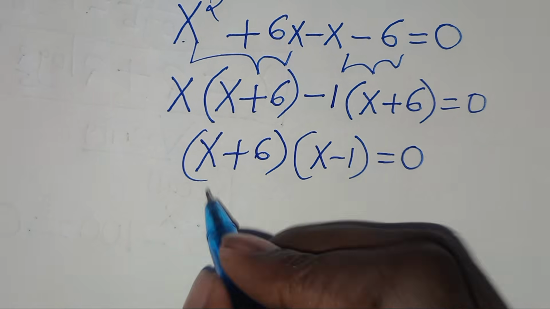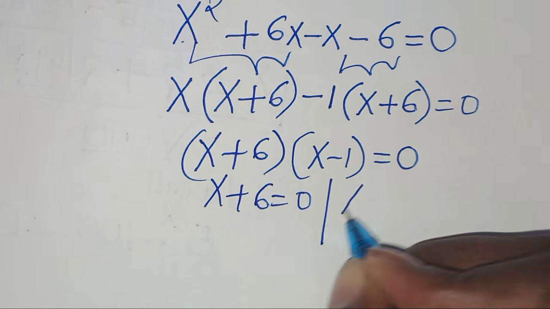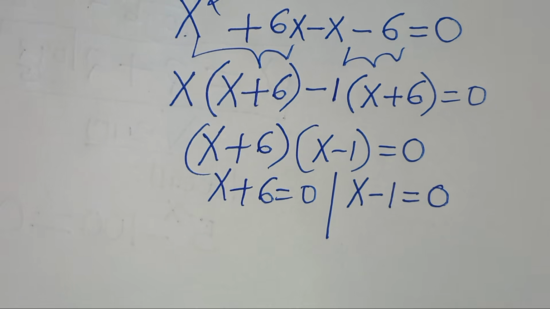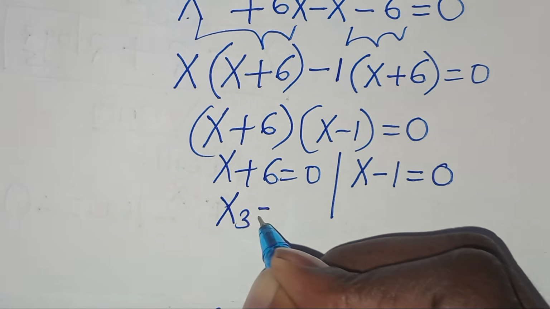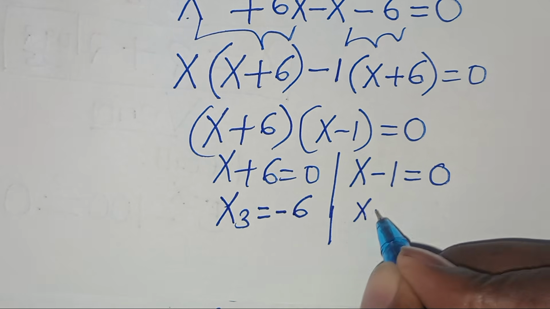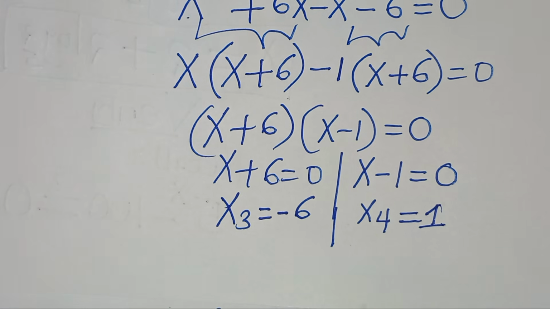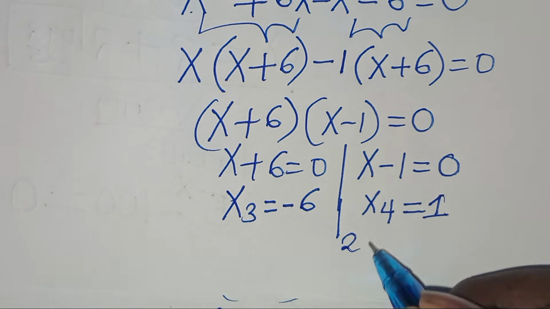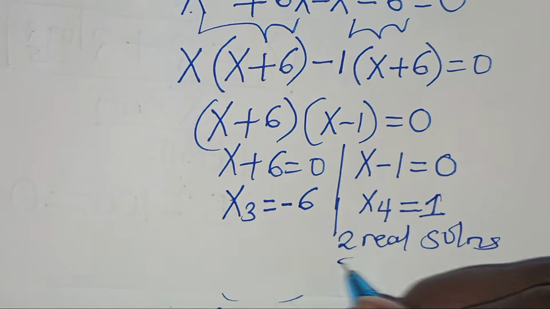So this implies that x plus 6 is equal to 0, then x minus 1 is equal to 0. So we have x3 equal to negative 6, and x4 equal to 1. Now, you find that x3 and x4 are two real solutions under case 2.